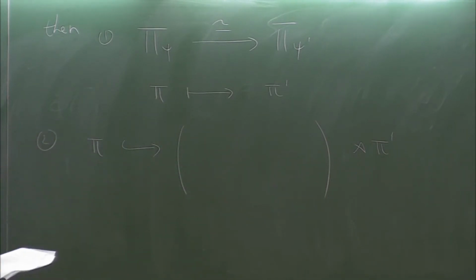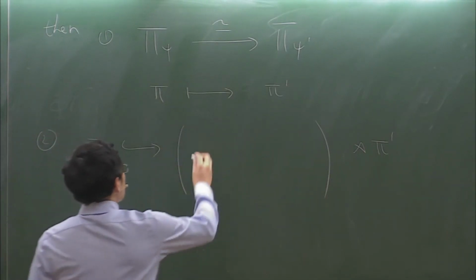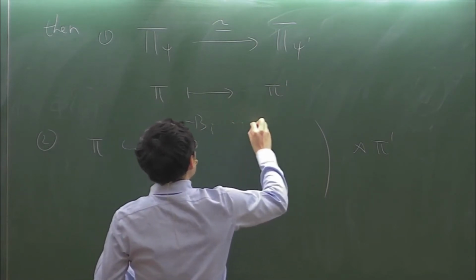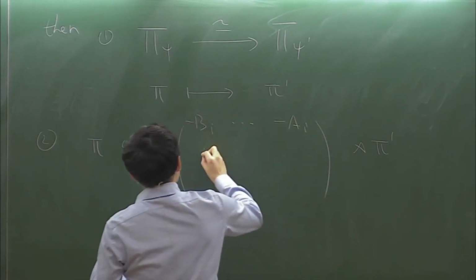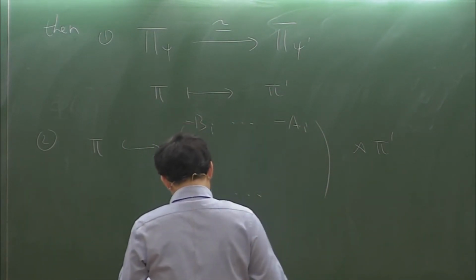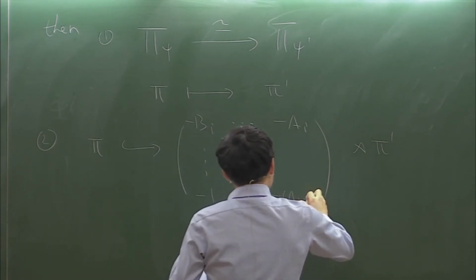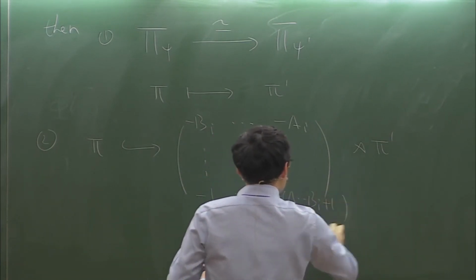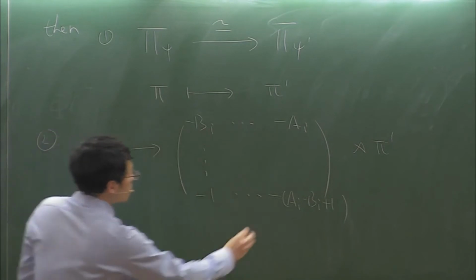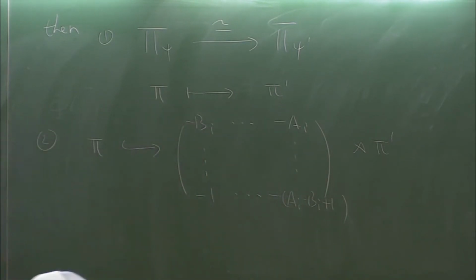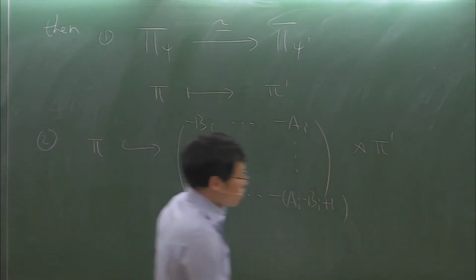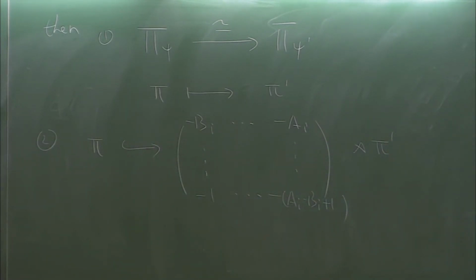So that's again the shifted Speh representation. So this matrix is in this form. Okay. So that's this theorem.